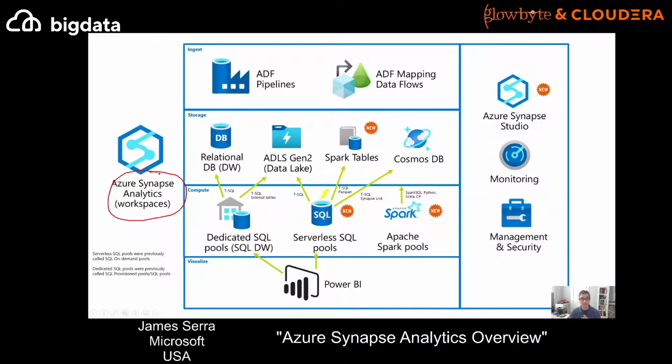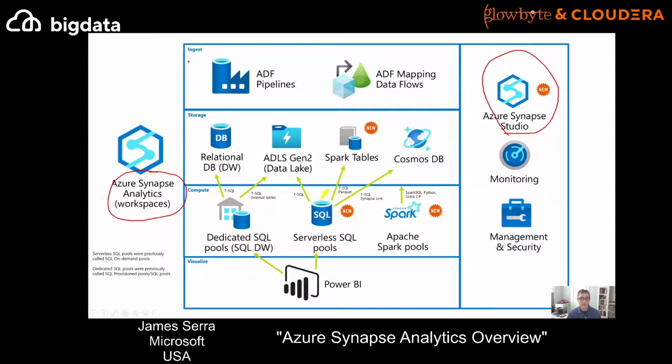Usually customers will break them out by project. And within that workspace, the new product is Synapse Studio. This is a one-stop shop for all the products that we're going to talk about going forward. So it's that single pane of glass that you can use to interact with all these different products.